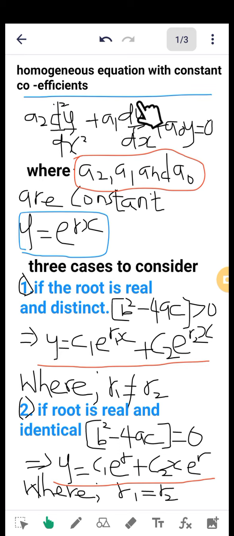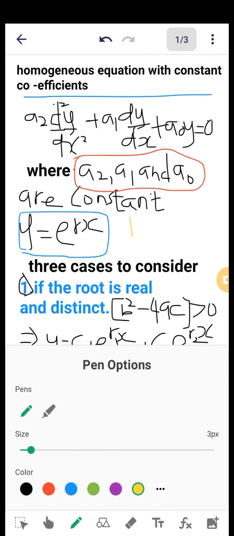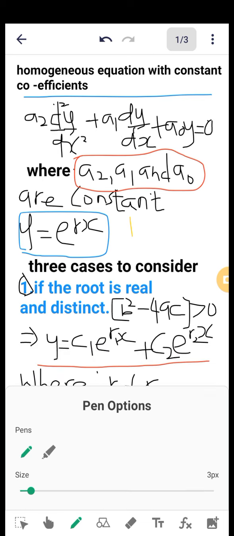Constant coefficient, in the sense that A2, A1, and A0 are all constant. They can be any integer.